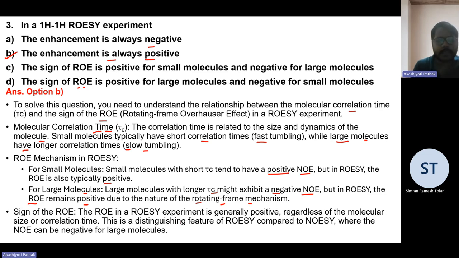This is the distinguishing feature of ROESY compared to NOESY, where the nuclear Overhauser effect can be negative for large molecules. Unlike NOESY, in the case of ROESY the enhancement is always positive.